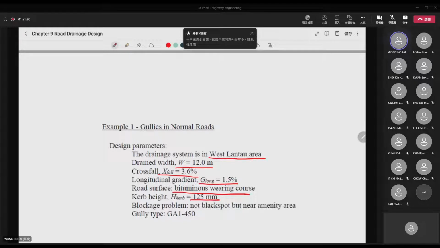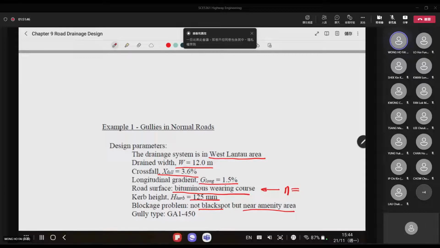For the blockage problem, we have the near amenity area and the non-black spot. Now for this one, we need to take a look at the n value because it is the surface coefficient.